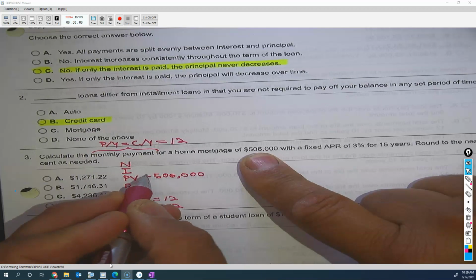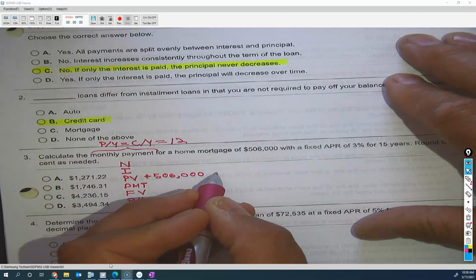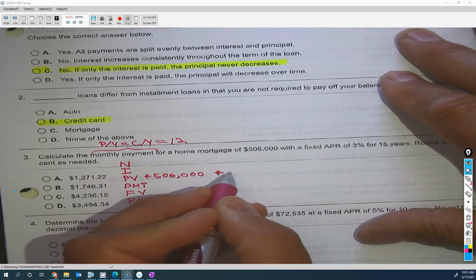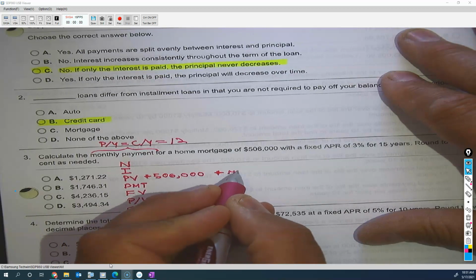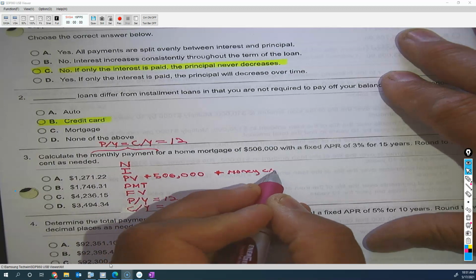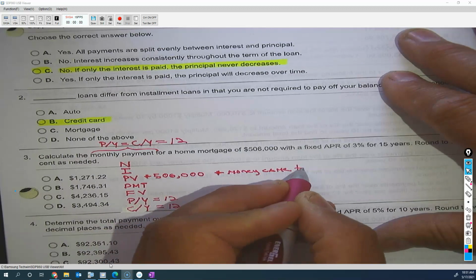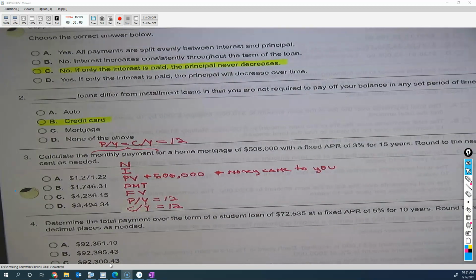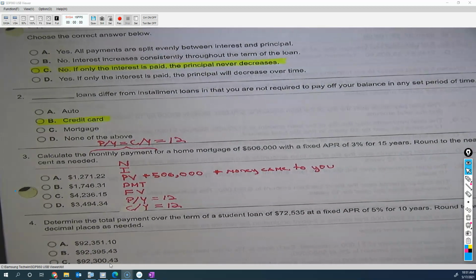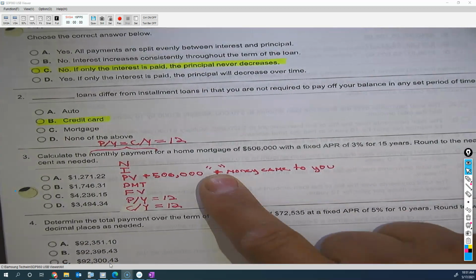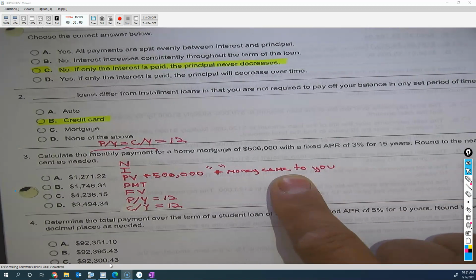And that goes in as a positive because the money came to you. The bank gave you $506,000. So that's why we've got the plus on it.